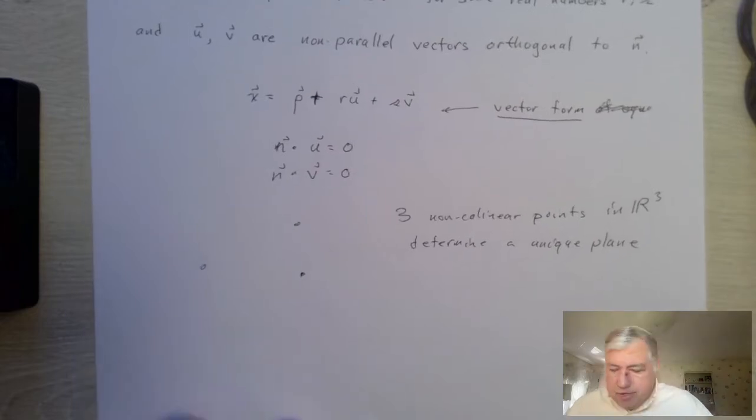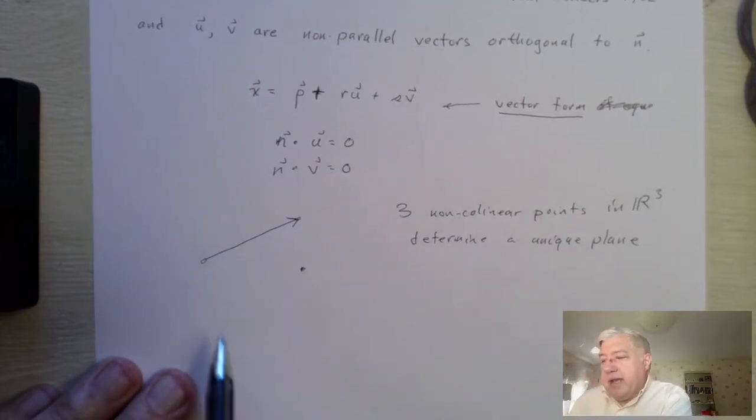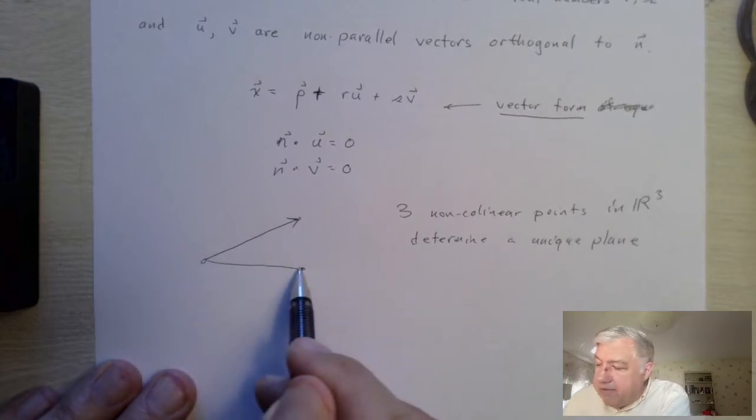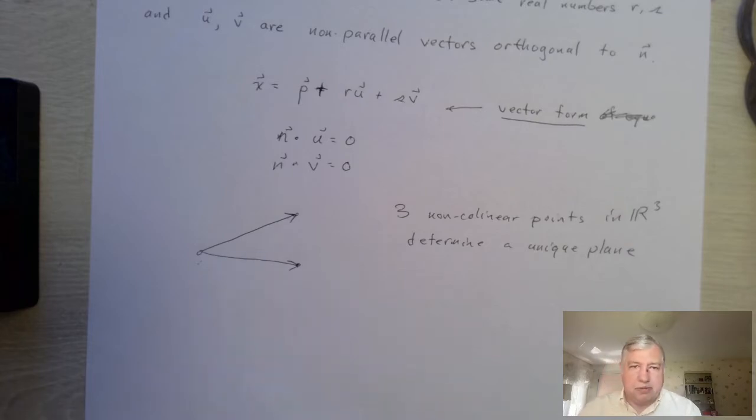And the reason for that is we can create a vector from the first point to the second point, and another from the first point to the third point. As long as the points are not collinear, these vectors are not multiples of each other.